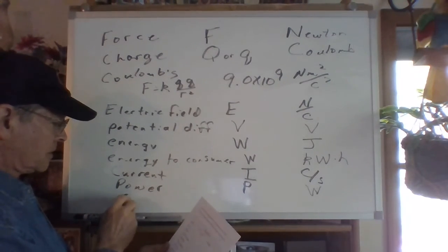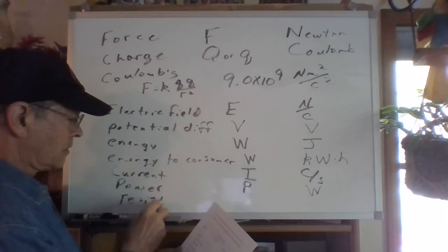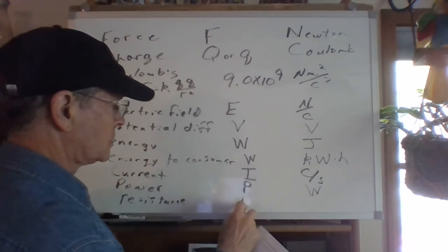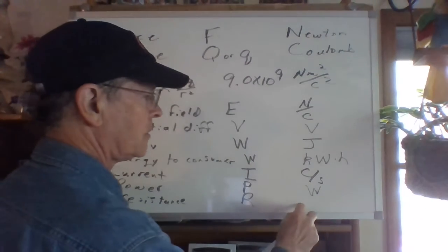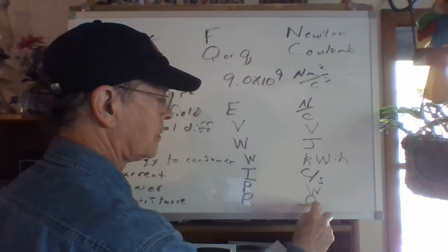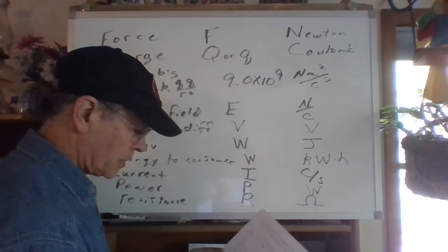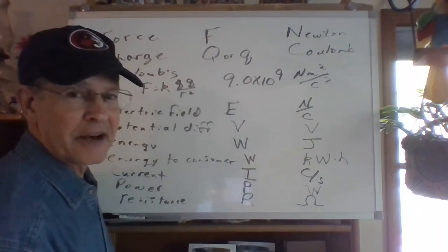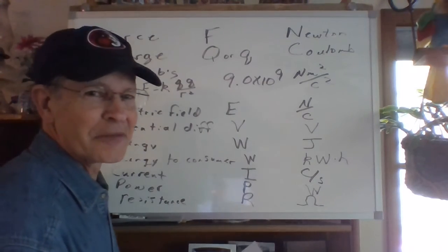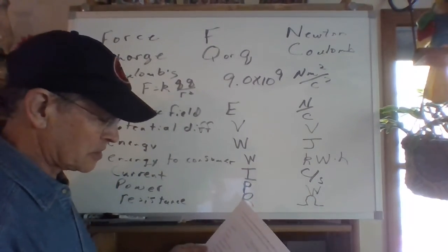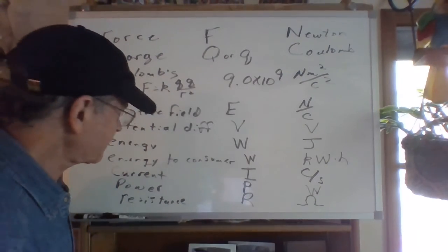Resistance, and we use the symbol R, and the unit label is ohm. Hey, I've run out of room, and the others aren't really that important for high school physics anyway. There were some extras. Don't worry about them.